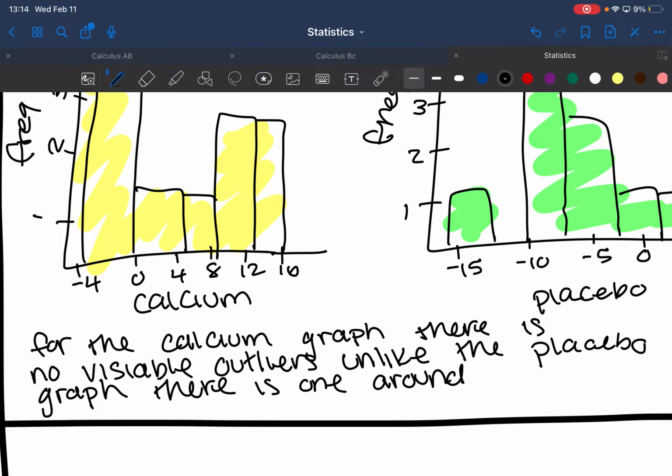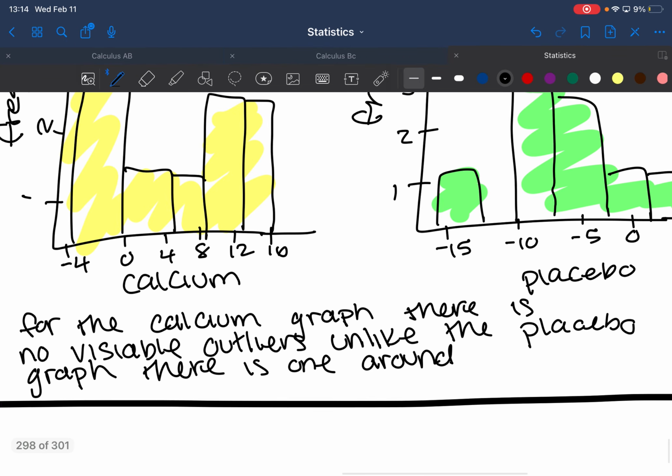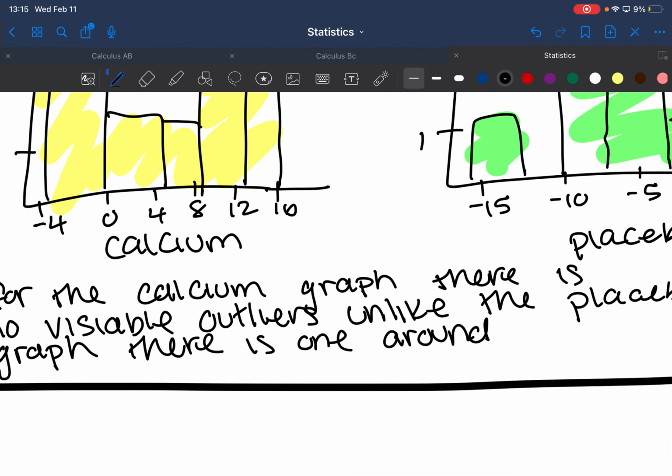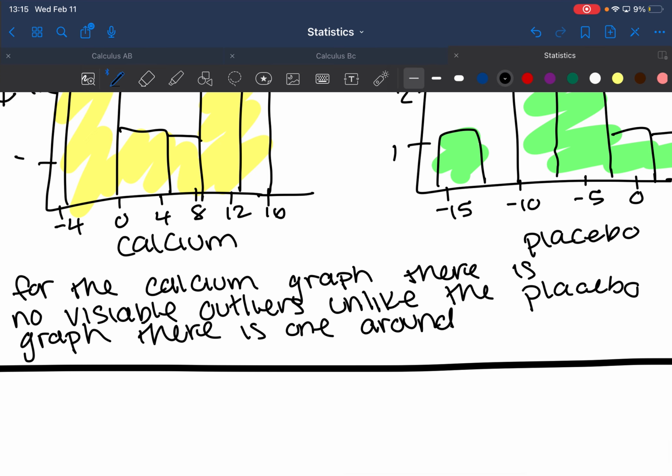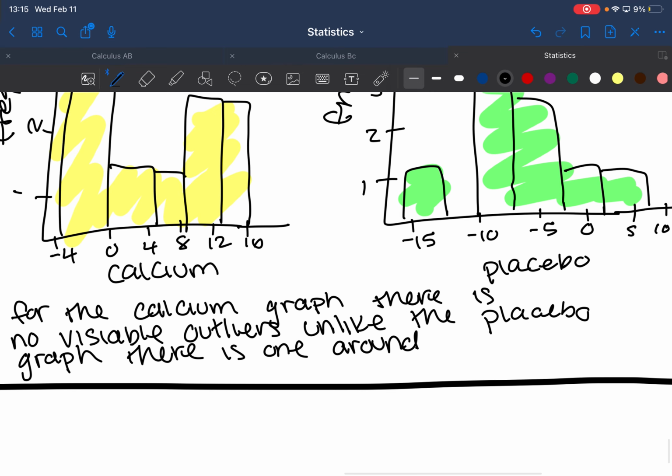Then I'm going to hit create tests. I'm going to click the drop down for significance test. And I'm going to make sure to put what number for the null hypothesis? 0, because no difference is the same as saying 0. And then which tail am I going to look at? The right, because my alternative hypothesis was greater than.